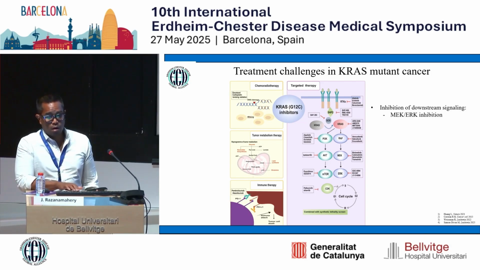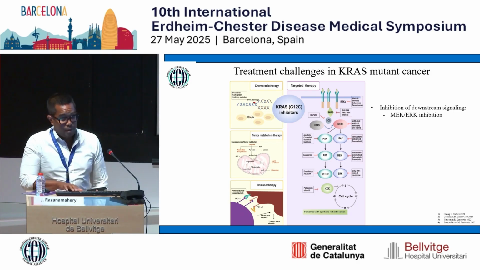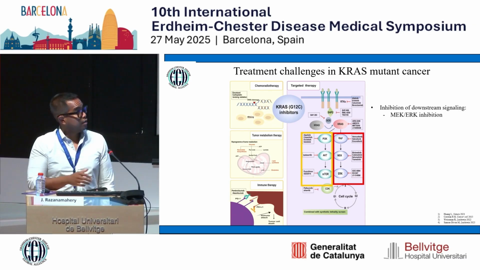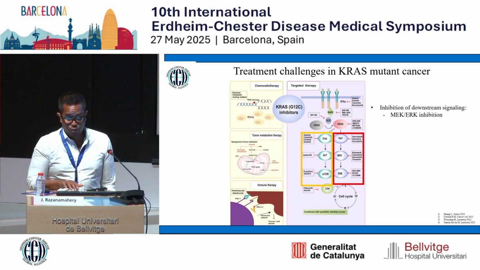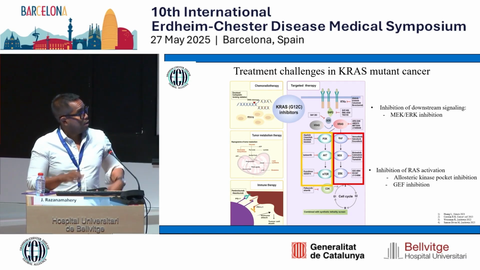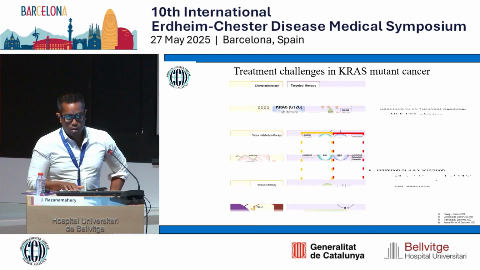And so what can we propose for the KRAS mutant cancer? We can propose a downstream inhibition with a MEK inhibitor or ERK inhibitor. Here, maybe we can propose some treatment with an mTOR inhibitor, or a direct inhibition of KRAS, which is done in other types of cancer.